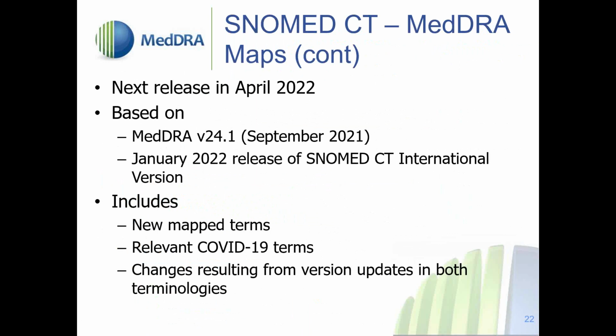Now, the first release, as I mentioned, was in April 2021. The next release is scheduled to be next month, April 2022. Now, this bidirectional mapping is based on MedDRA version 24.1, which was the September release last year, as well as the January 2022 release of SNOMED CT International. Now, many of you are aware that the release schedules for both of these terminologies are somewhat different. MedDRA is released every March and September, whereas SNOMED CT is released every month, with the major releases being performed in January and June.